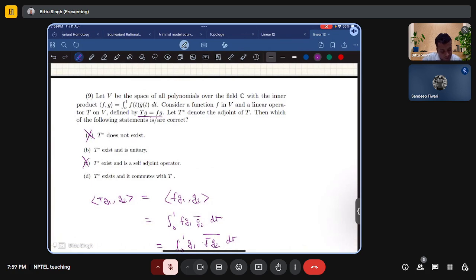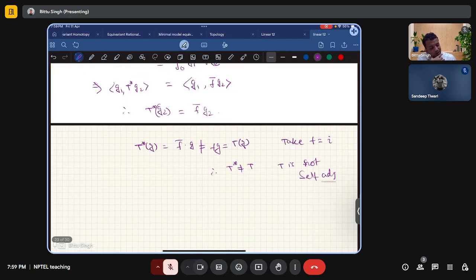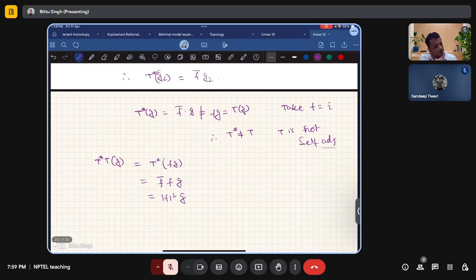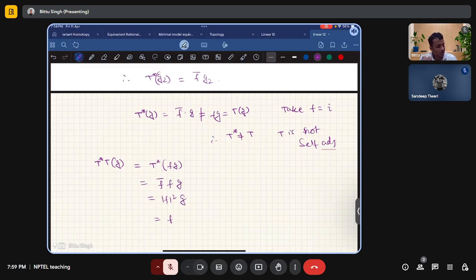Now what about unitary and what about normality? Okay. So we need to find T star times T. So T star applied on Tg is T star applied on f times g. But T star is multiplication with f bar. So this is f bar times f g, that is mod f squared times g. But we can write in another way: f times f bar g.